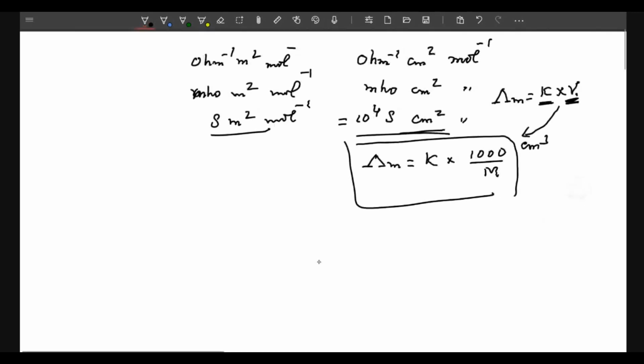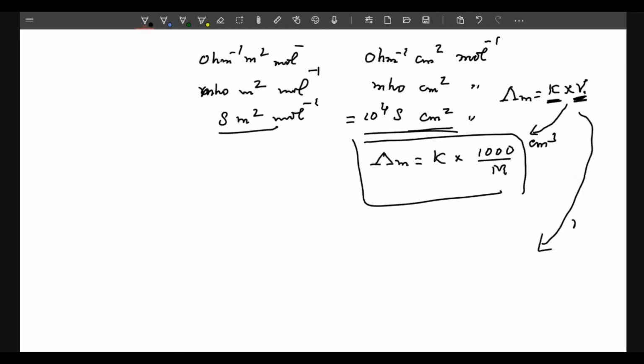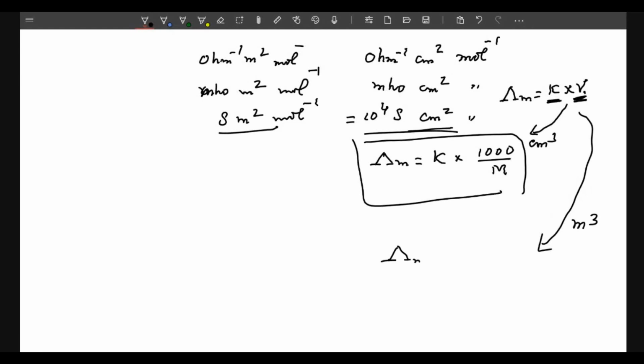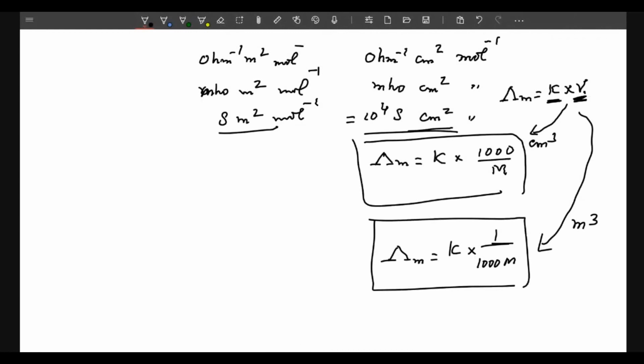If volume is given in meter cube, then the equation changes to lambda M is equal to kappa into 1 by 1000 by molarity. This is a slight change. These are the relationships between the molarity and this.